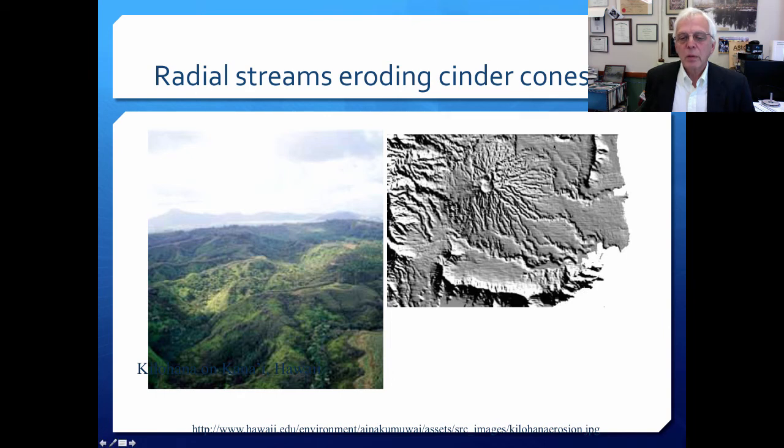And finally, radial stream structure. Here's a three-dimensional reconstruction of a volcanic cone, and you can see these radial streams flowing down, making erosional surfaces and stream patterns in any place that we have a massive uplift. This particular one is in Hawaii.